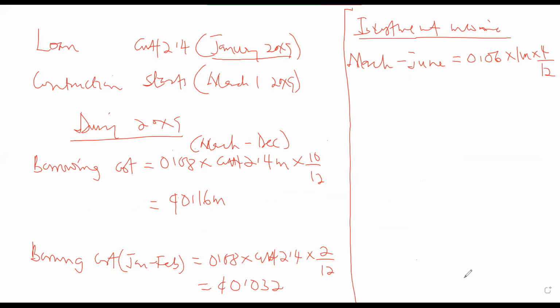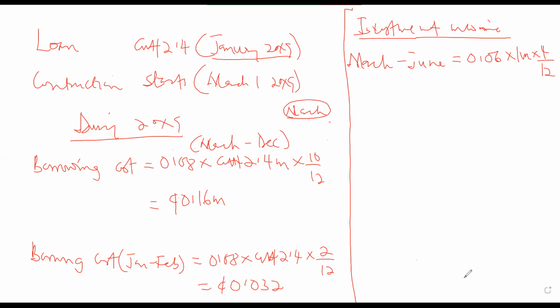Okay, someone should not be thinking that they have started the construction in March, so it means that they started saving the 1 million only from March to June. No. Before they even allocate the funds, they have already made a plan from January: this is the amount that we are going to spend, and this is the amount that we are not going to spend. So they will start the investment from January.